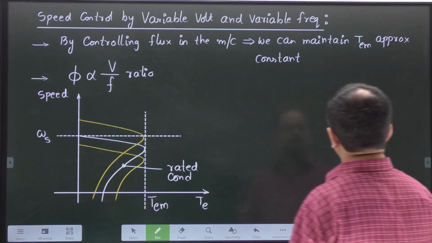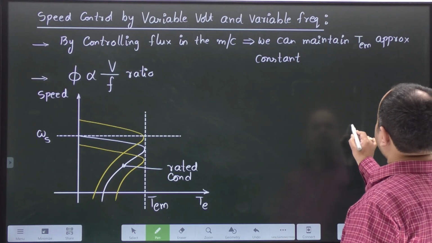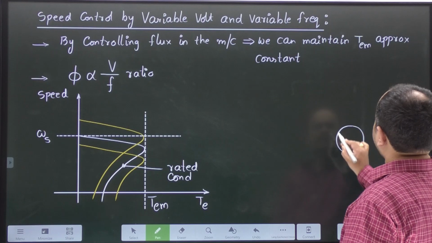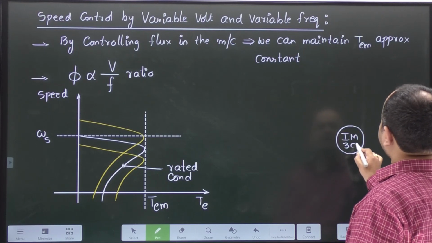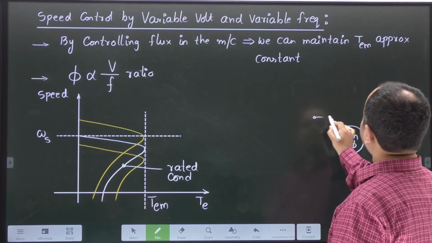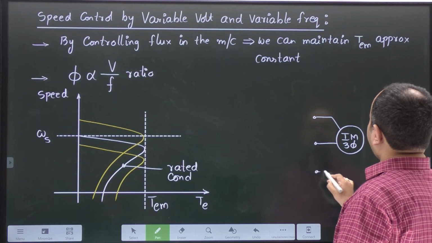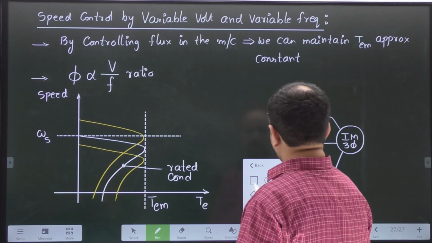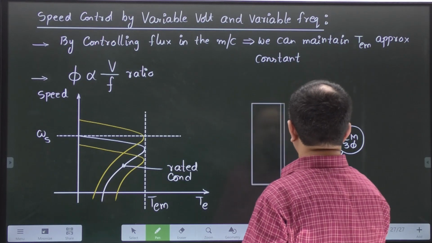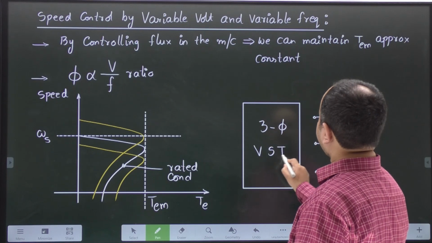Now the next question is, how can we get V by F ratio to be controlled? Suppose this is an induction motor, like a 3-phase induction motor, you can control both voltage and frequency with a circuit called a 3-phase voltage source inverter.